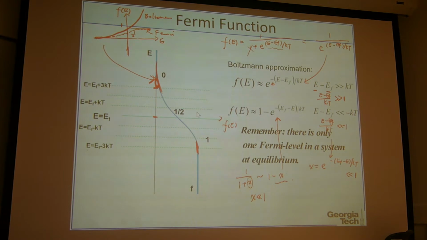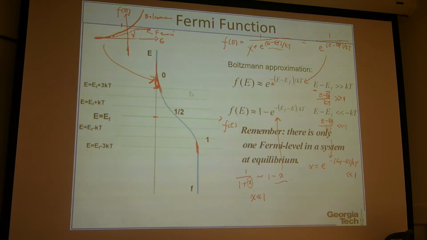We also talked about the Boltzmann approximation for the Fermi function. Essentially, when the energy level is way above the Fermi level or way below the Fermi level, we can approximate the Fermi function as the Boltzmann function.